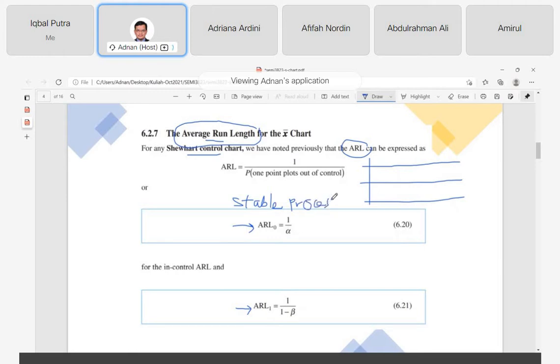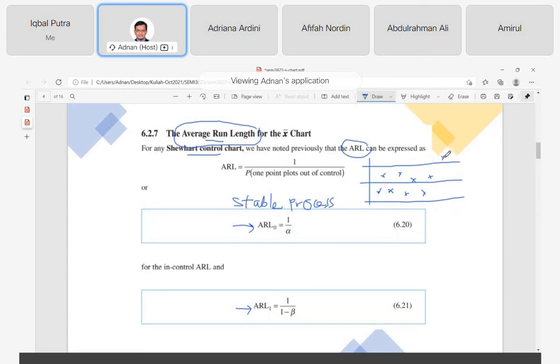But because a control chart is based on sampling, there will be situations where there will be a false alarm. What happens in a false alarm? Let's say the points are moving up and down. The cross marks are the observed data. The process might be stable, and suddenly there will be 1 point here.